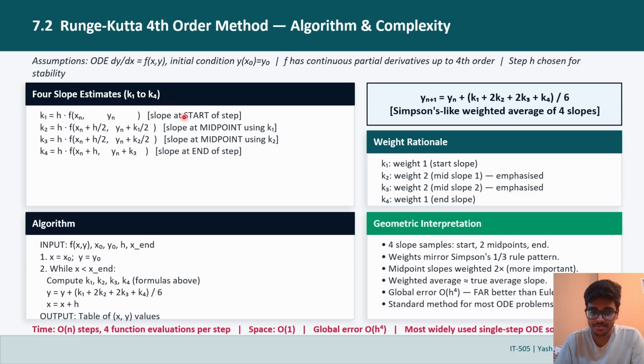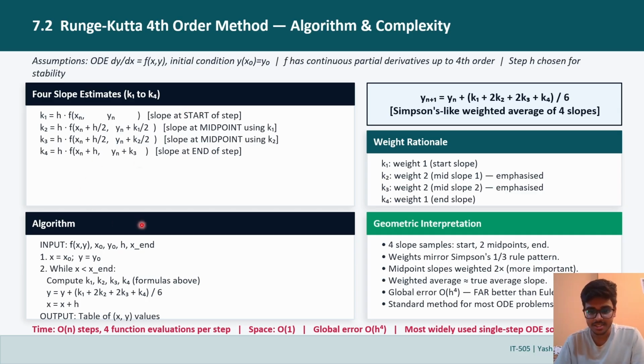The final update: yn plus 1 equals yn plus k1 plus 2k2 plus 2k3 plus k4, divided by 6. This is a weighted average. The midpoint slopes k2 and k3 get doubled weight because they represent the middle of the step, like Simpson's rule in integration.